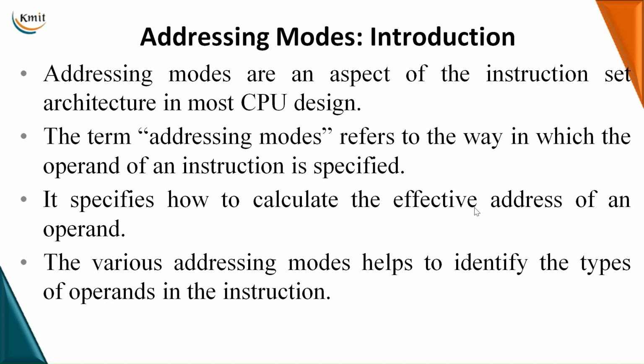So the way in which the address part of the instruction has to be considered, whether the operand is stored directly in the address part, or the address of the memory location where the operand is stored, or a register, is specified by the addressing modes that you implement. There are various types of addressing modes that help to identify the types of operands that are present in an instruction.